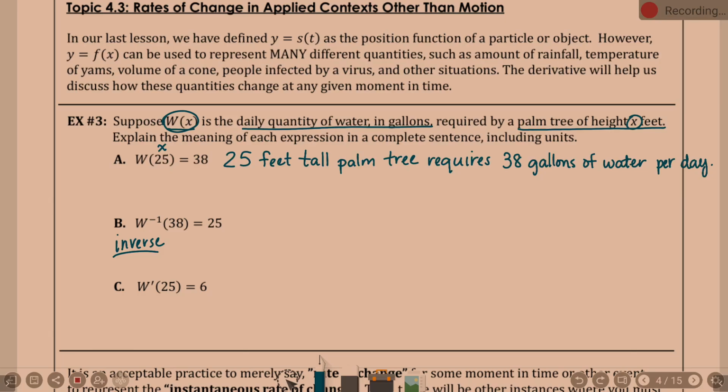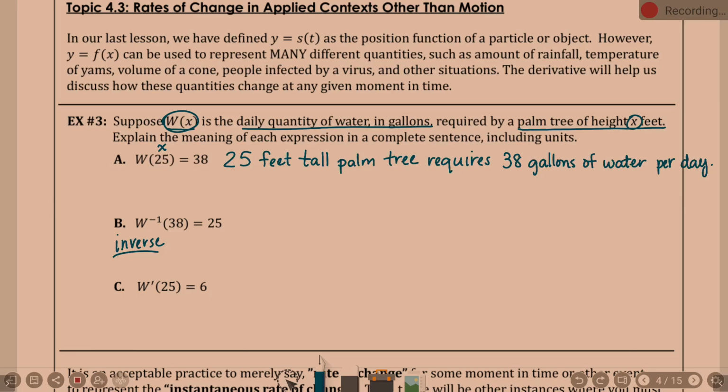I don't know what you guys remember about inverse, but the idea is an inverse switches your input and your output. So normally on W of x, your input is x, so your input is the height of the tree, and the output is the amount of water required. For the inverse, it's going to switch your input and output.